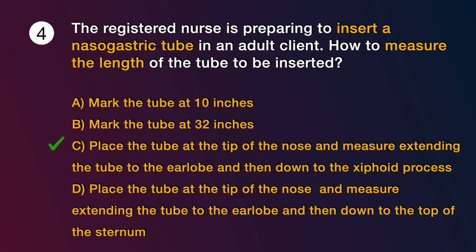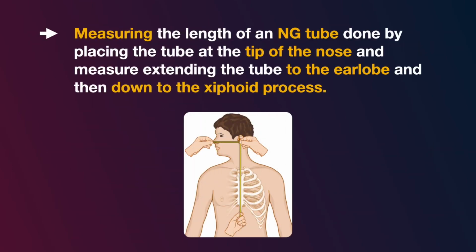The answer is C. The length of an NG tube is measured by placing the tube at the tip of the nose and extending it to the earlobe and then down to the xiphoid process. The average length for an adult is about 22 to 26 inches.